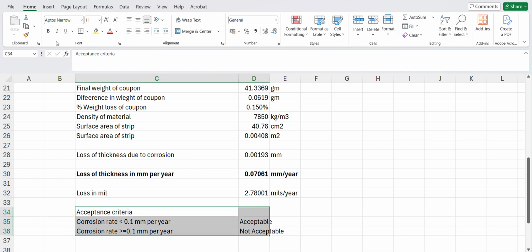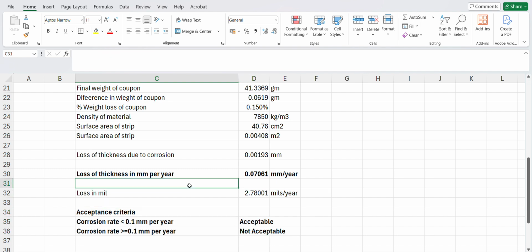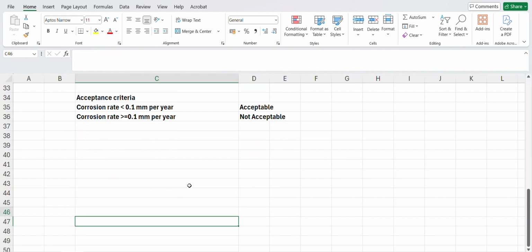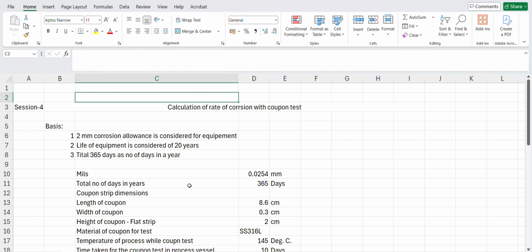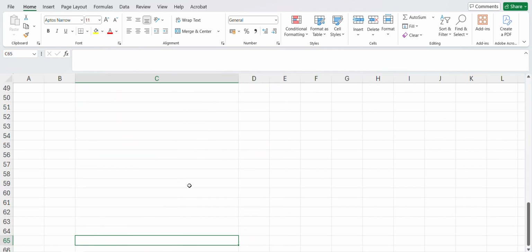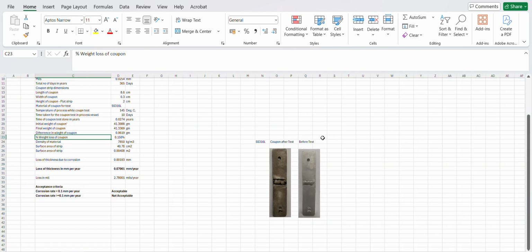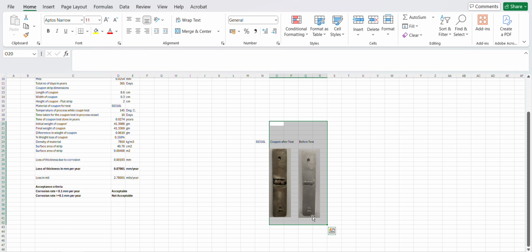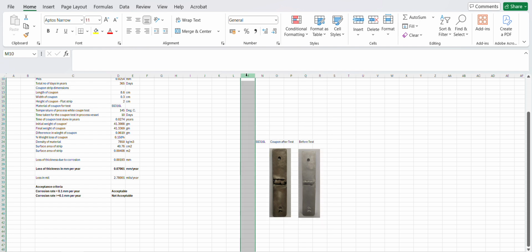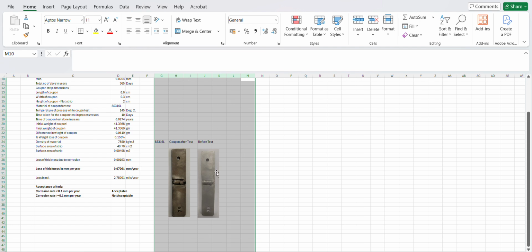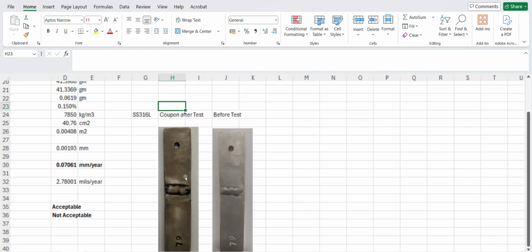These are the standards which we have to consider while selecting any equipment material for the coupon test. I will now show you the samples which we considered for the coupon test. You can see the results here.